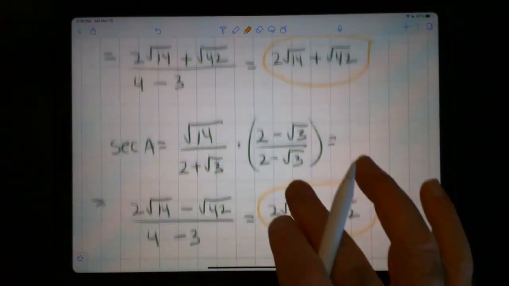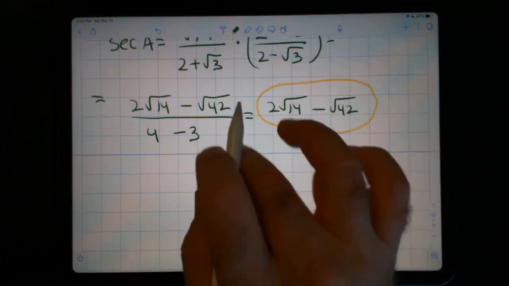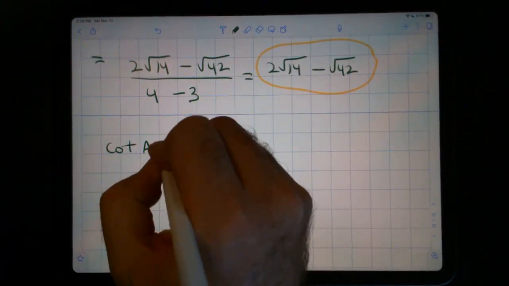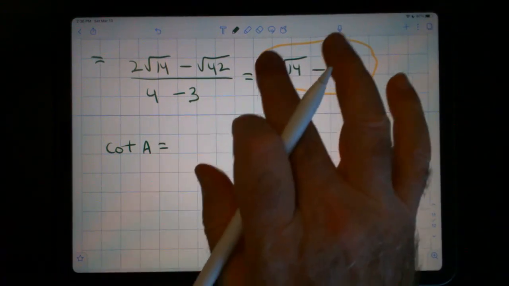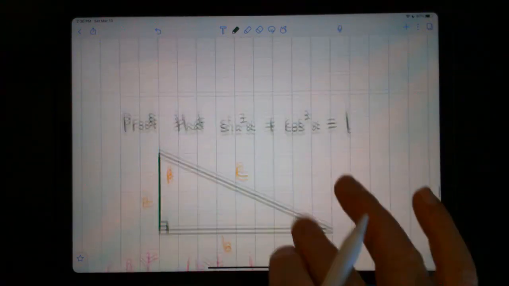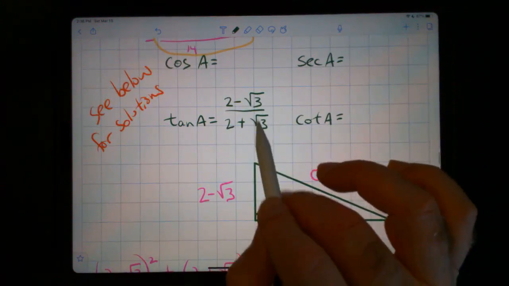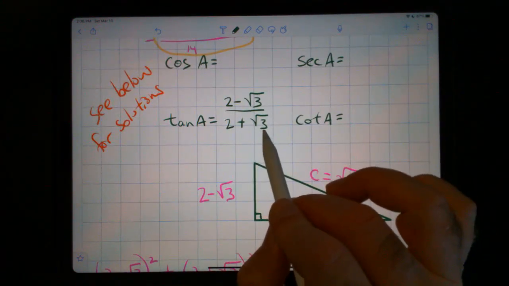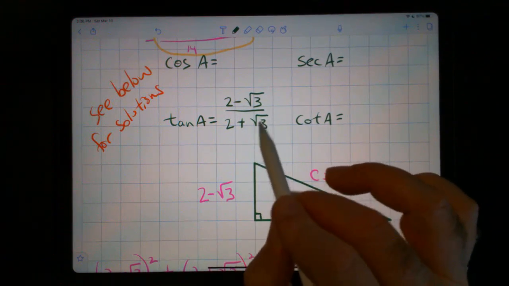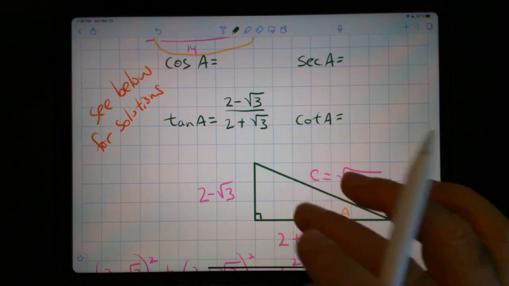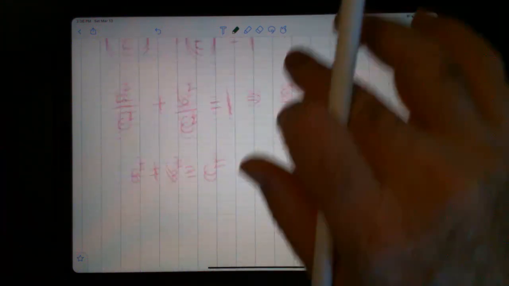Okay, and then we're going to need the cotangent. Cotangent is the inverse of tangent. I guess we should rationalize this denominator. It just looks tacky with the radical in the denominator. So I'll do that in a minute. So it's going to be 2 plus radical 3 over 2 minus radical 3.